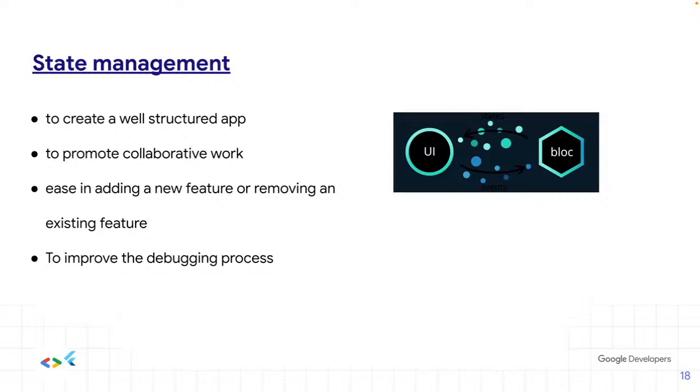Separate the UIs into one folder, the repositories and services into another folder, and constants into one file, so that it becomes easier for collaborative work. When a new person joins the team, it becomes easier for them to understand, rather than having everything in one or two folders.